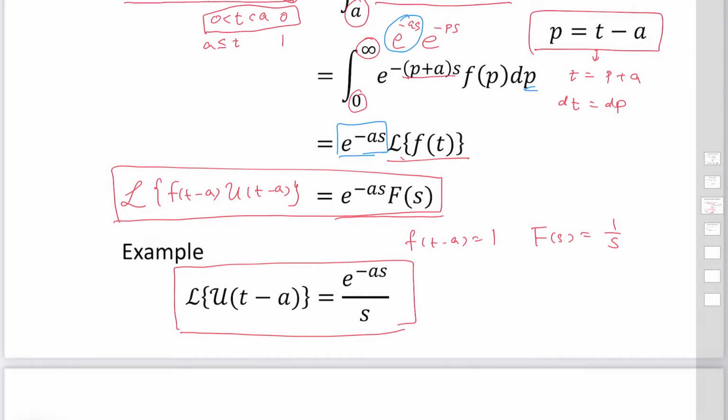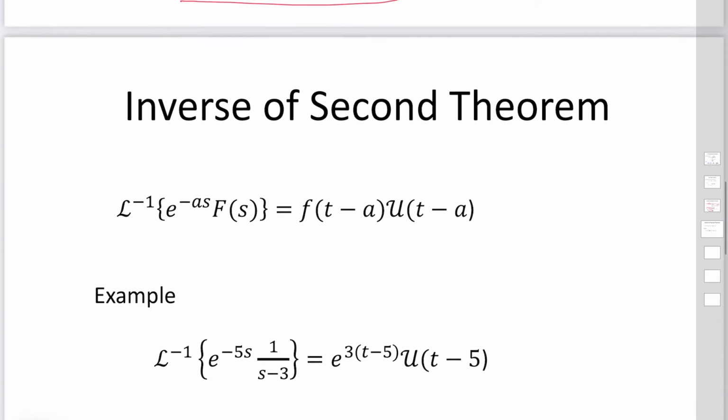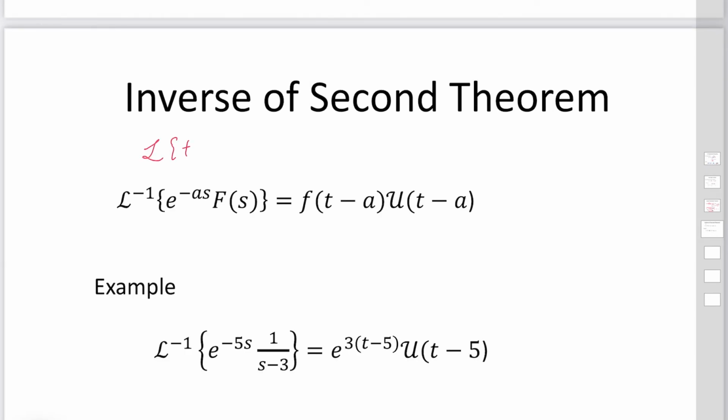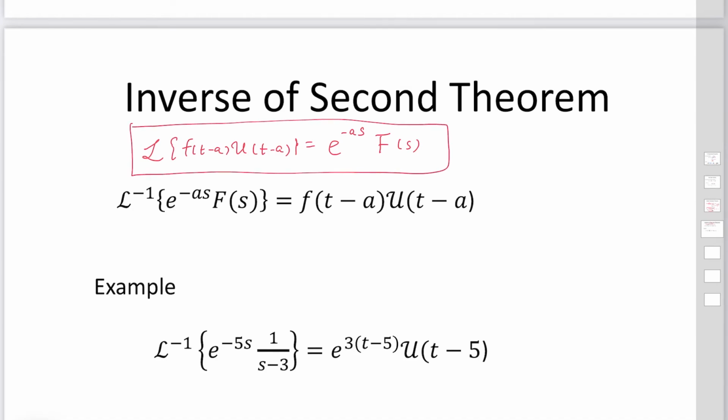Once we introduce the second translation theorem, we could also introduce its inverse. The Laplace transform of f(t minus a) u(t minus a) equals e^(-as) times the Laplace transform of f. From this equation, by applying the inverse Laplace transform, we obtain these equations.